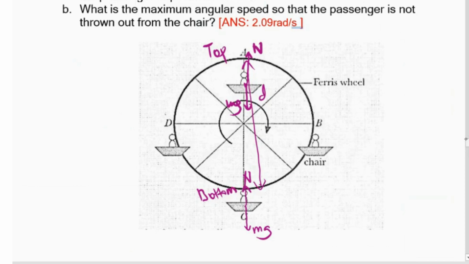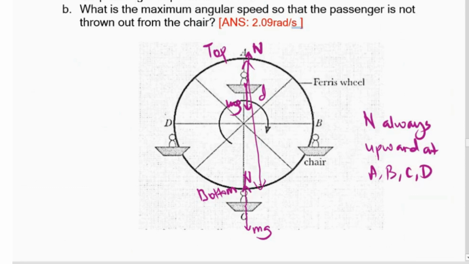So the normal force remains upward at any position, A, B, C, or D, because the person wants to remain seated.